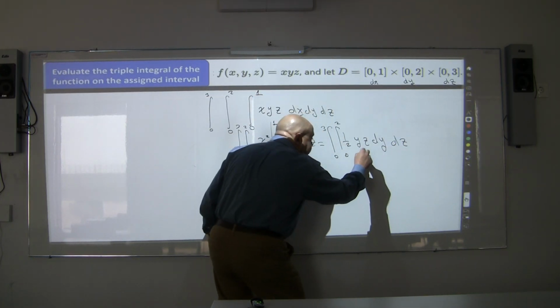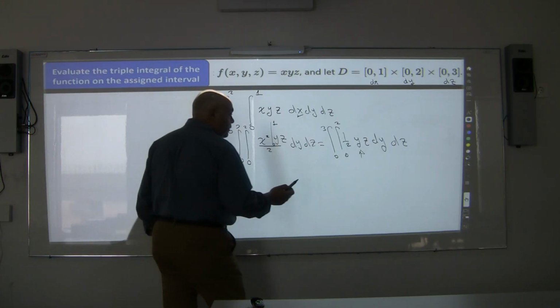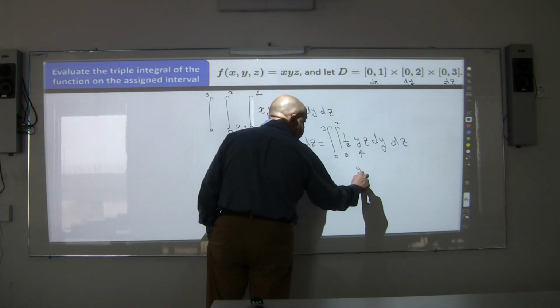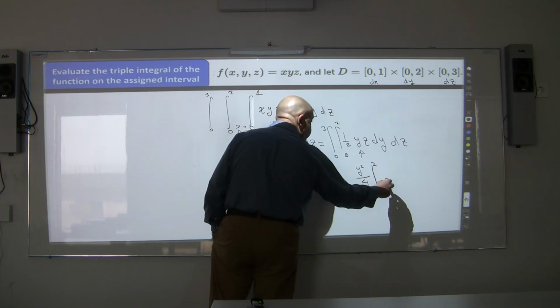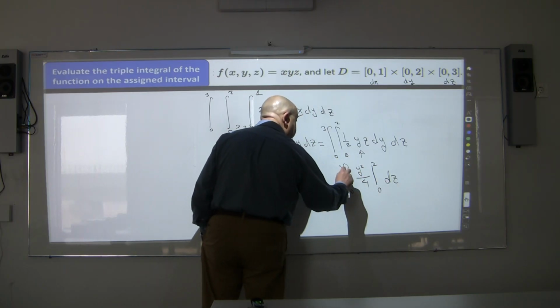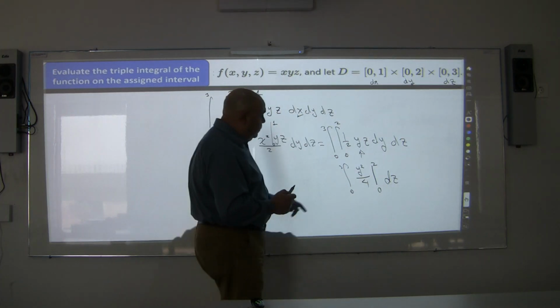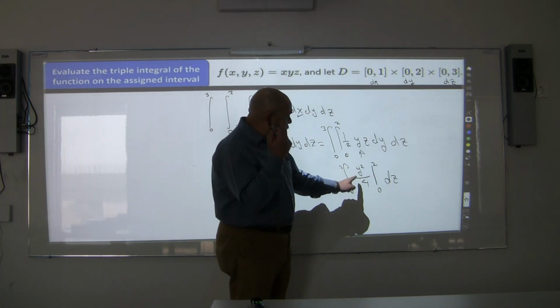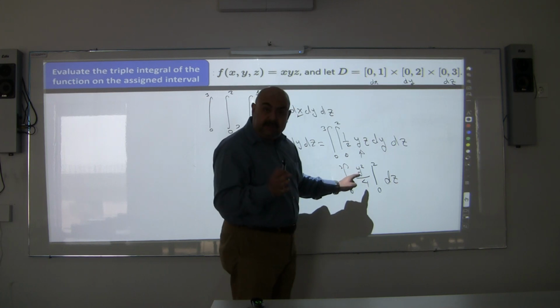Now I will integrate for dy. So if you integrate for dy, it's going to be simply y squared over another 2, which is 4, running from 0 up to 2, and the result finally will be integrated with respect to dz. So if you make a substitution, it's going to be 4 over 4, which is going to be 1, minus, if you replace y with 0, it's going to be 0.